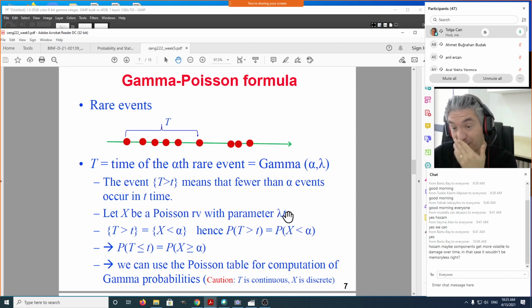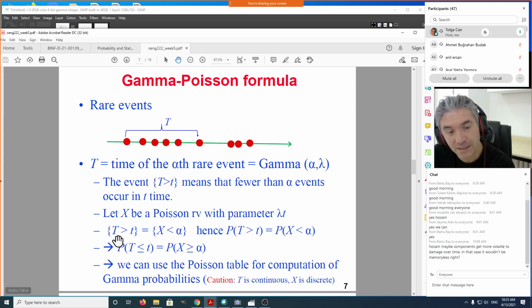If you're asked something about 10 minutes, and lambda was originally given to you per hour, in that case you have to divide lambda by 6 to get the Poisson random variable that shows the number of events in 10 minutes. So in other words, whatever probability we are asked, we convert it to a Poisson random variable in which the number of events is over the time interval that we are asked.